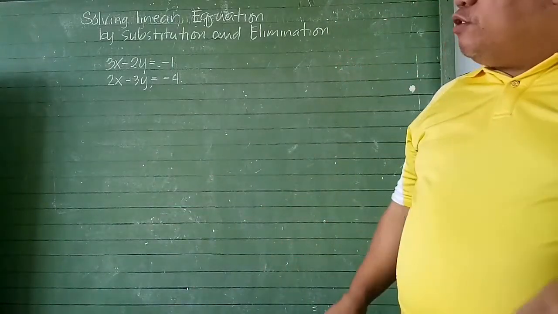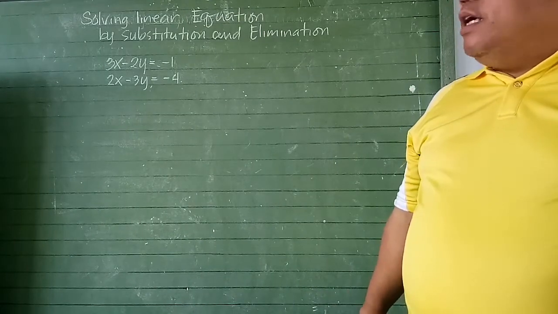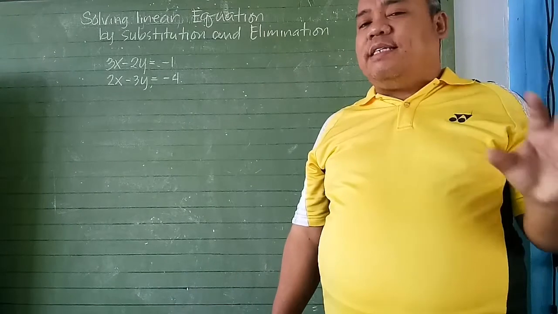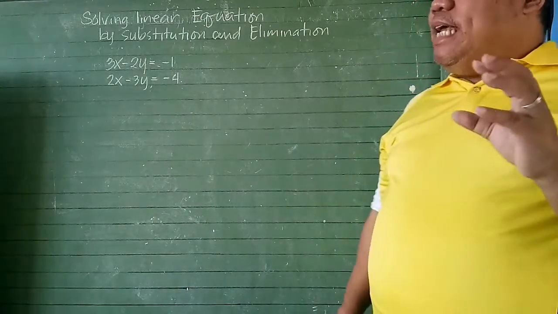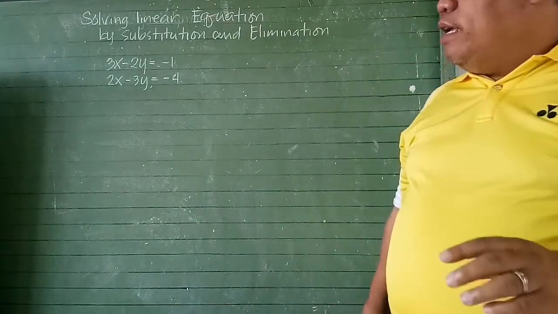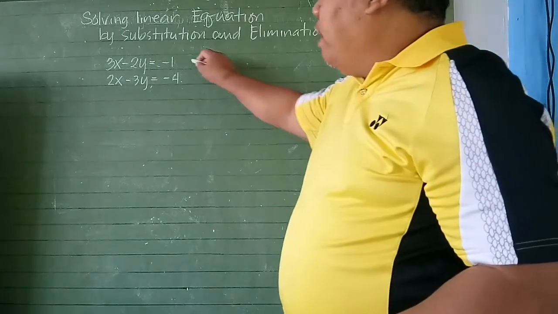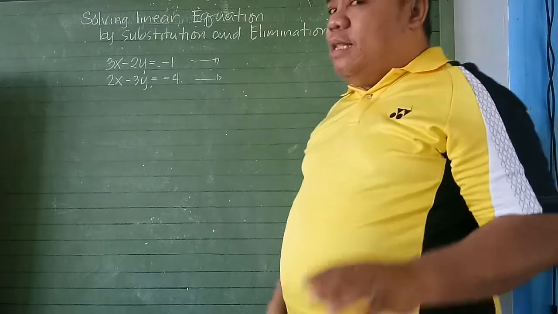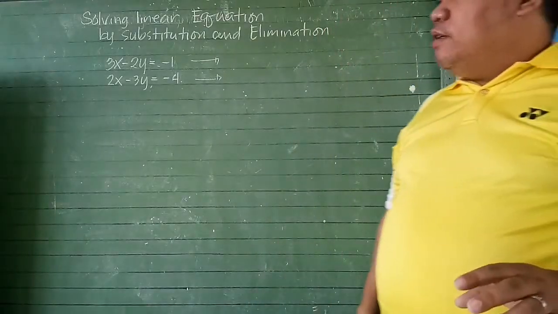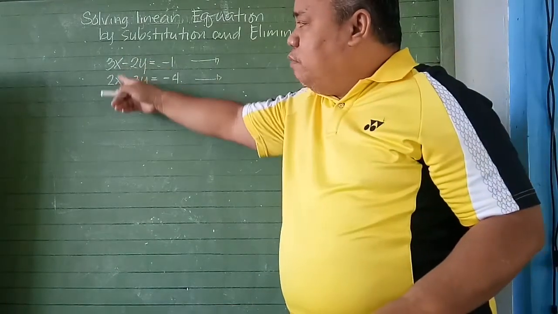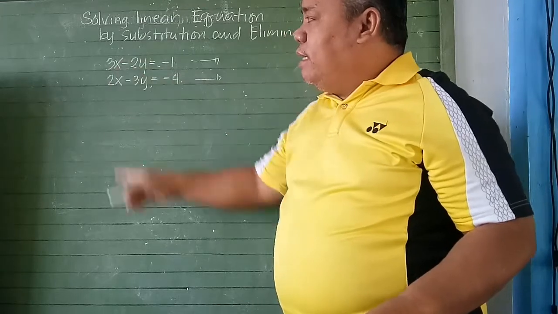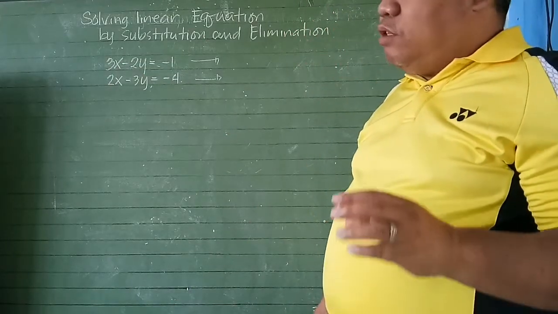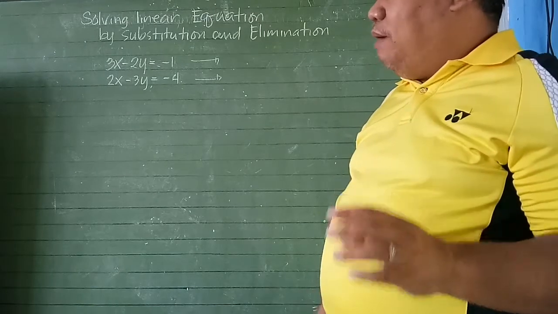So how are we going to solve this? Elimination means we're going to eliminate either x or y. Let's say we're going to eliminate x. We're going to multiply by a number that can make x be eliminated.